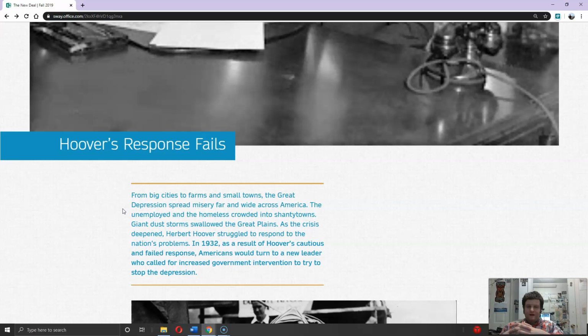In any case, many Americans felt that Herbert Hoover was not addressing the problems of the American people. And so in the election of 1932, people began looking for new options on how to get the government involved in stopping the Great Depression.